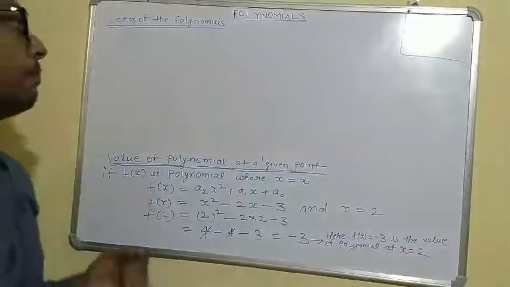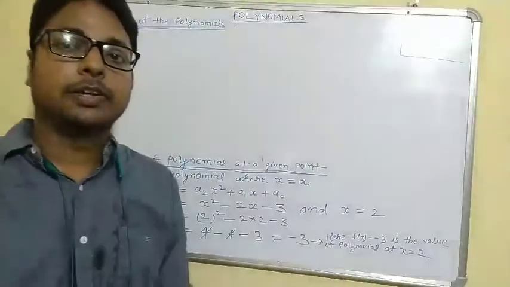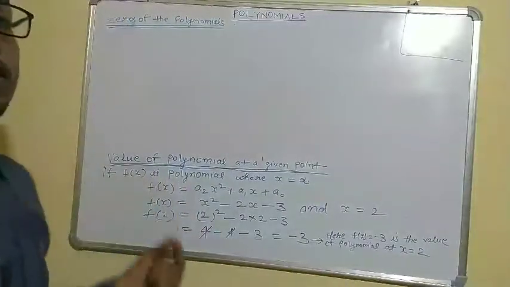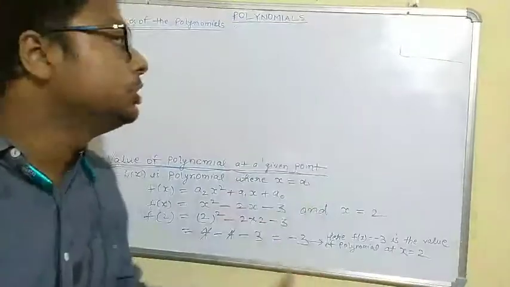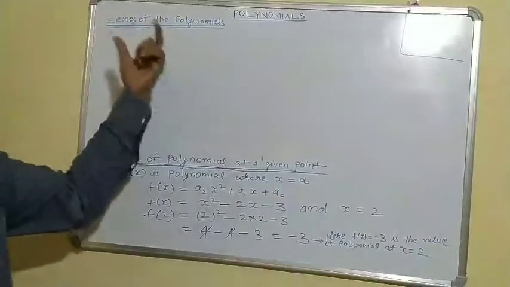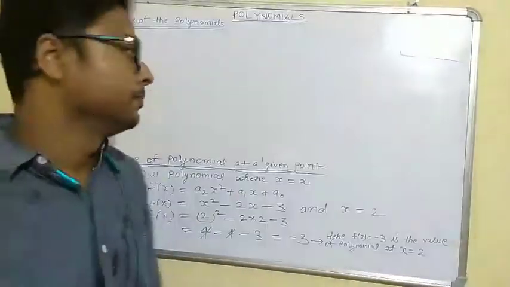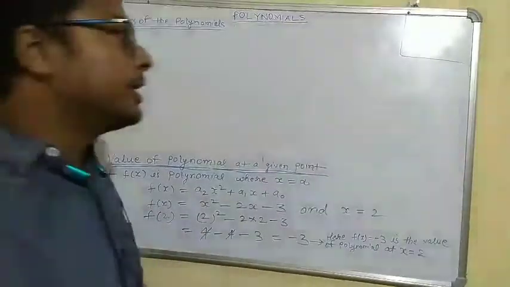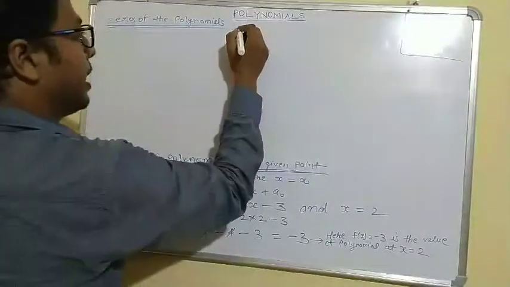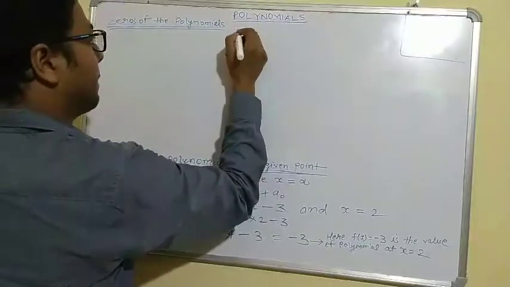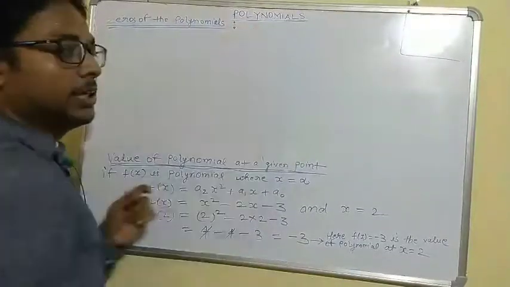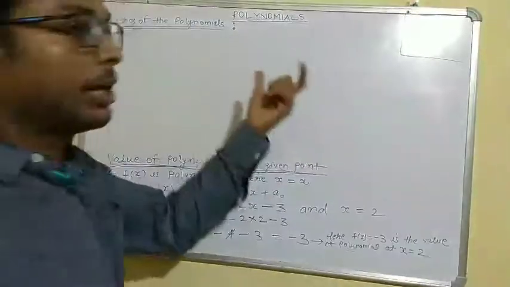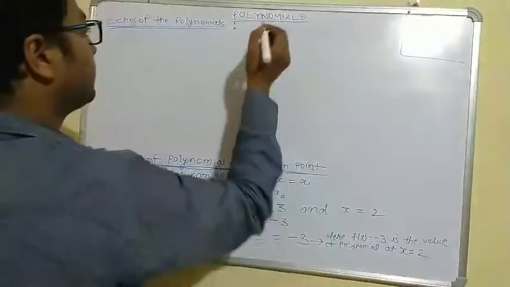It is the value of x where the polynomial f(x) is equal to 0, which is called the zero of the polynomial. Let us take an example. Firstly, I write the definition of zero of the polynomial.